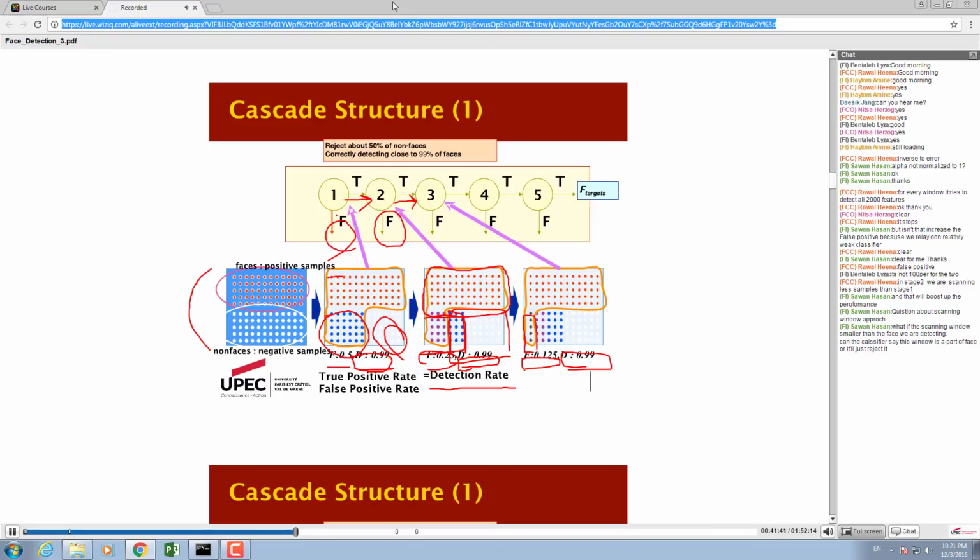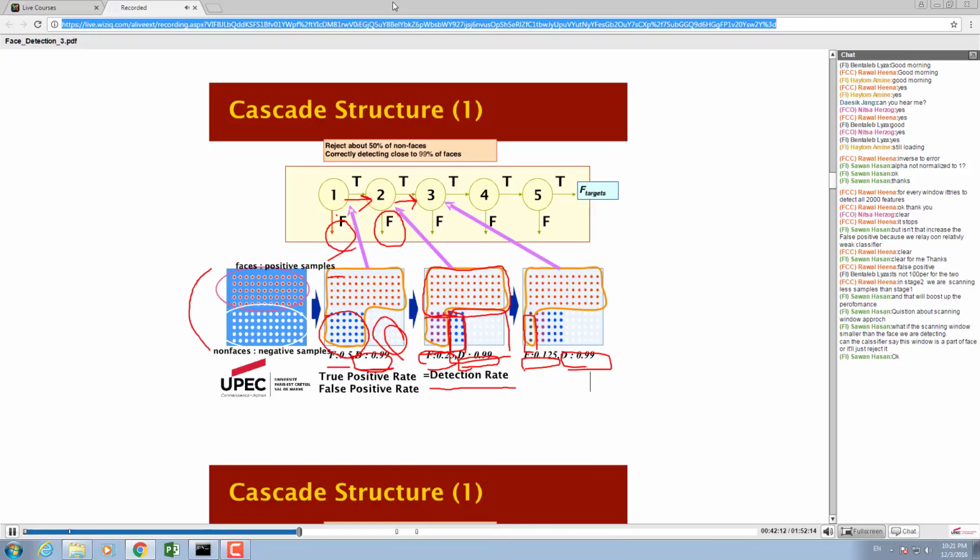When we are scanning with the window, we also have to apply different sizes of windows. We are not applying just one size, because we don't know the size of the face before detection, right? So we have to apply all possible different sizes of rectangles. So it is a lot of windows.